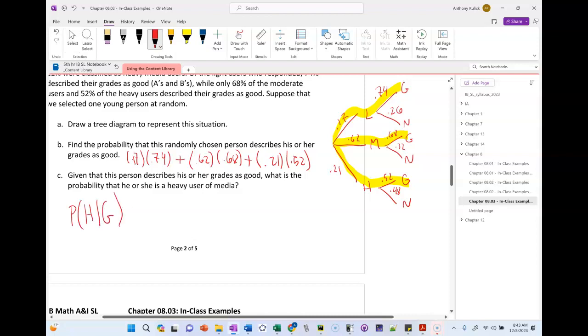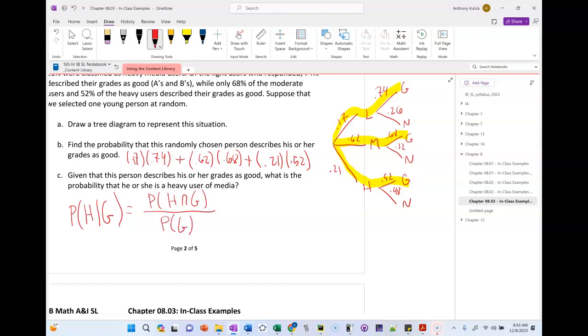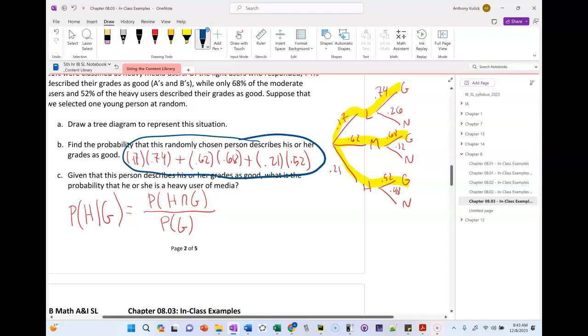It's a conditional probability, right? Probability you're a heavy media user given you have good grades. So probability that you're a heavy user and have good grades divided by the probability you have good grades. So this we have, right?